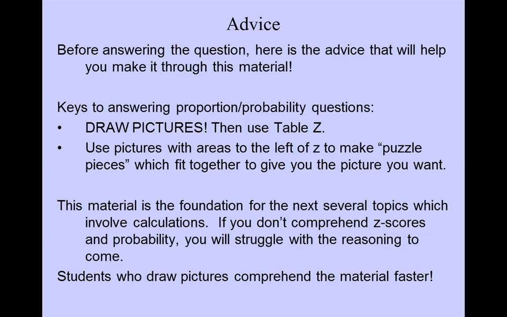This material is the foundation for the next several topics which involve calculations. If you don't comprehend z-scores and probability, you will struggle, especially with the reasoning to come. Students who draw pictures tend to comprehend the material faster. If necessary, print out the picture of the normal curve with the formulas, the IQ scores, and the z-scores.